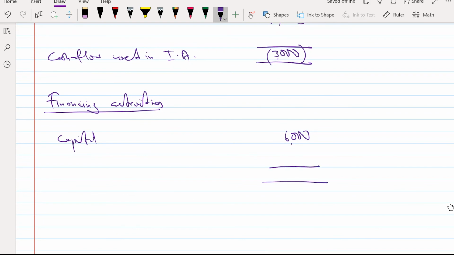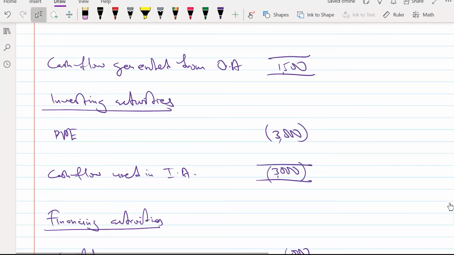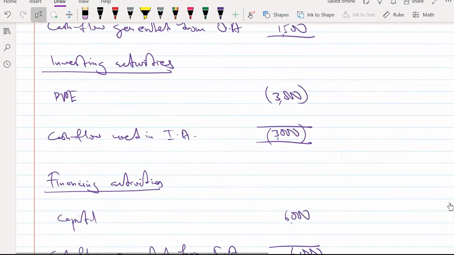And we have cash flow generated from financing activities, 6,000. Net cash flow will be the summation of operating activities, investing activities, and financing activities.